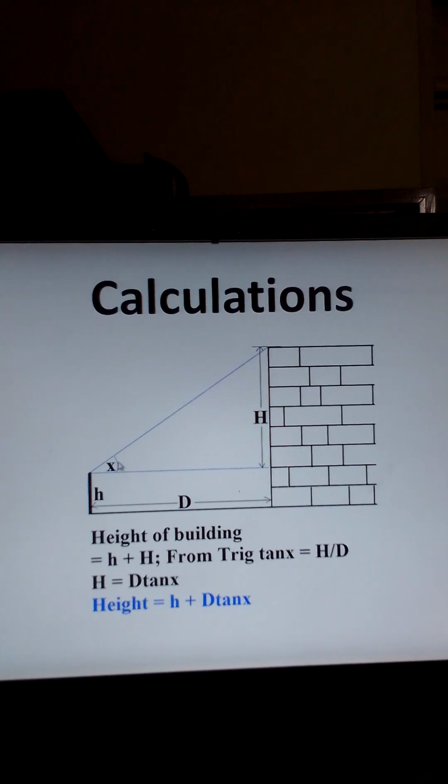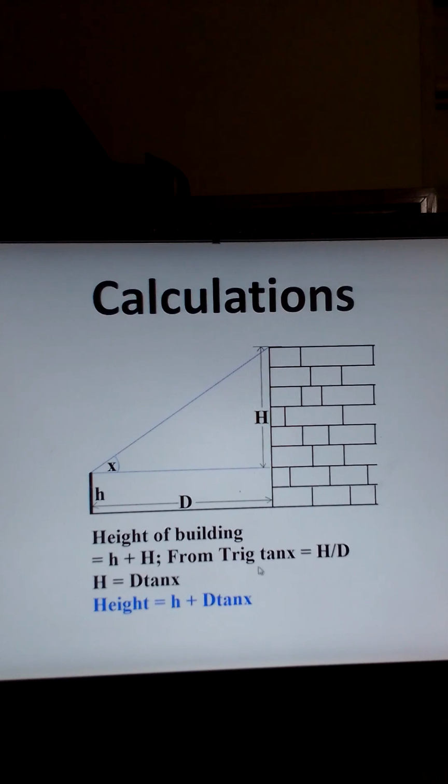We know that this angle of elevation, we have this height H and this distance D. The distance D from here to here is the adjacent side to this angle X, and this height H is the opposite side to this angle X.